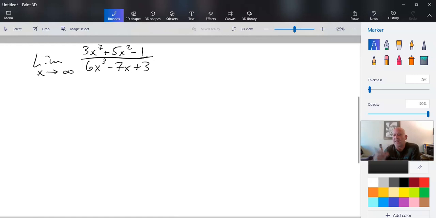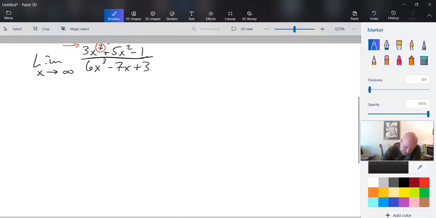The reason for that is that x was the highest degree term in any of the polynomials involved here. In this case, the highest degree term is 7. We have that x to the 7th right up here. So here's what we're going to do. We're going to use that to our advantage.